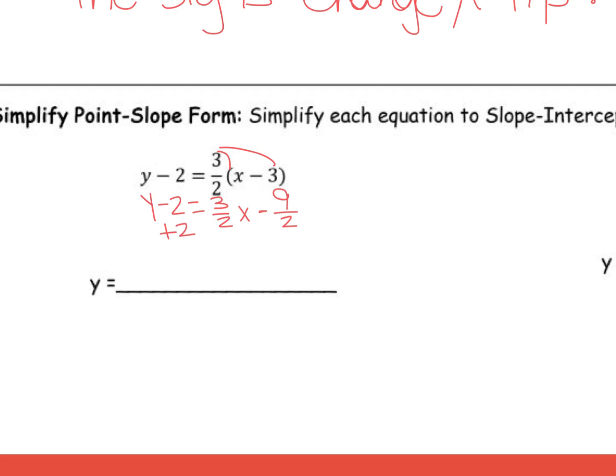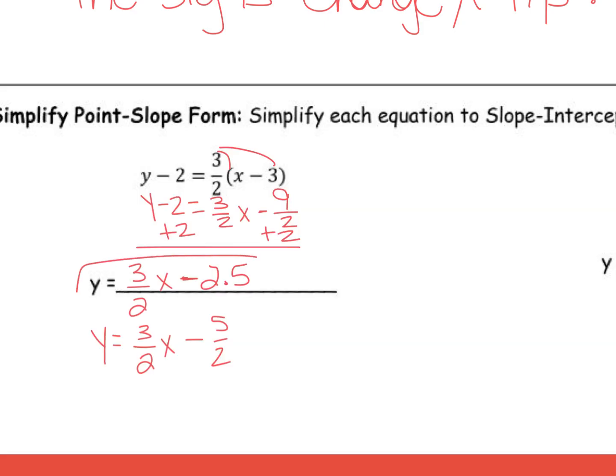And then we're going to move our constant. Y equals 3/2x. -9/2 plus 2 is -2.5, or if you're leaving it a fraction, which is totally acceptable as well, -5/2. So I would take either of these.